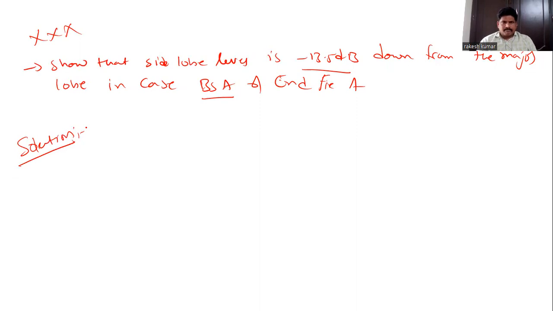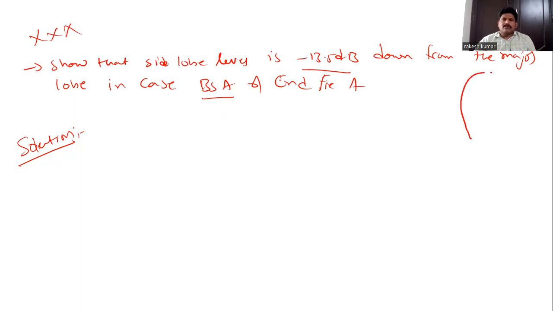Solution. So the side lobe level is minus 13.5 dB in the case of broadside array and end-fire array. Now what does the diagram say?